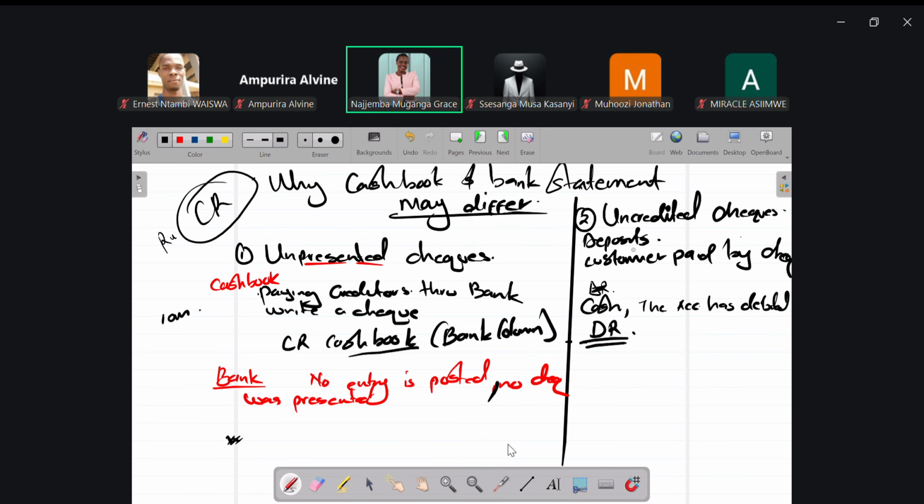But these items are uncredited in the bank due to various reasons. The checks were not taken on time, or maybe it bounced, so they are uncredited checks. That means these ones appear only in the cash book, but they are nowhere on the bank statement.